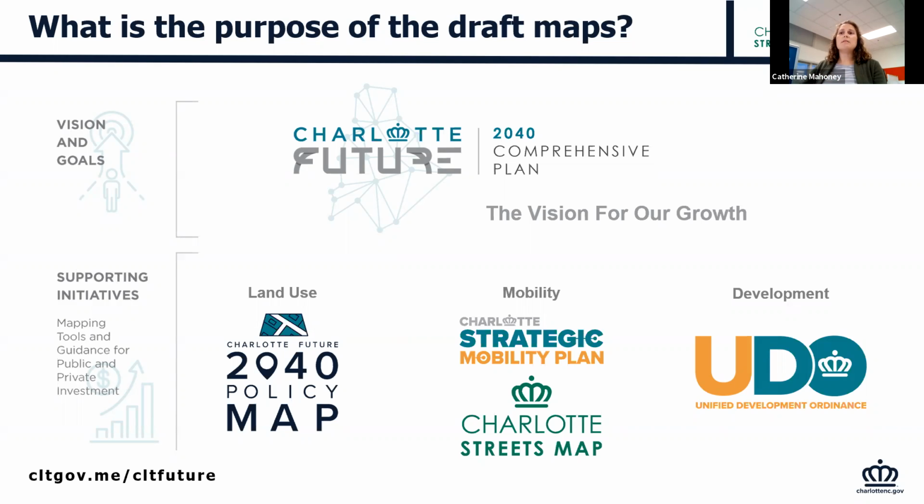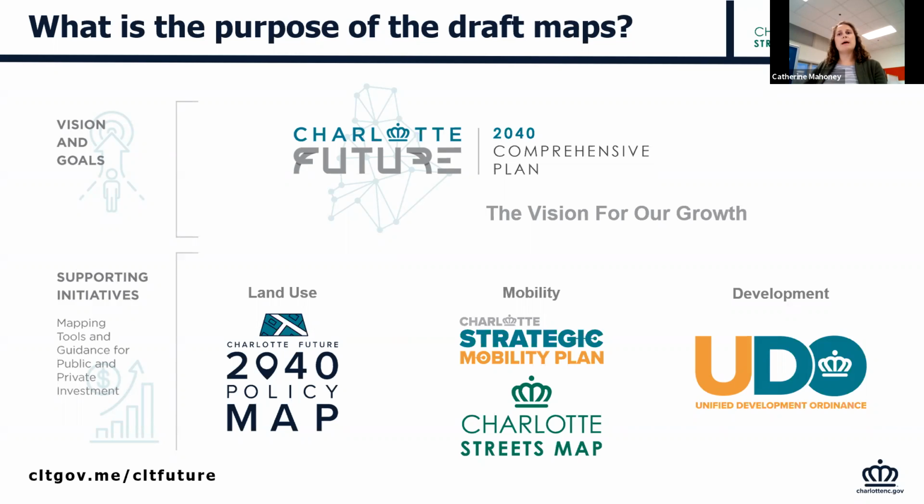Now that it's adopted, there are several initiatives underway, all aimed at putting it into action. As shown from left to right at the bottom of the screen, the policy map, which is one thing we'll be talking about tonight, is going to provide direction for where and how future development should occur in our neighborhoods.